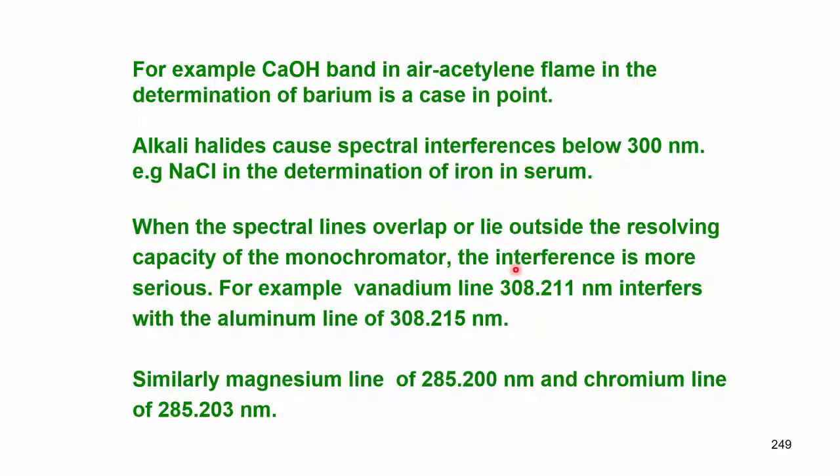That means, whenever spectral interferences are there, what we should check is that the spectral line should not be more than 0.005 nanometer from the resonance line of the two elements. So, if they are within 0.005 nanometers or so, spectral interference will always be there.